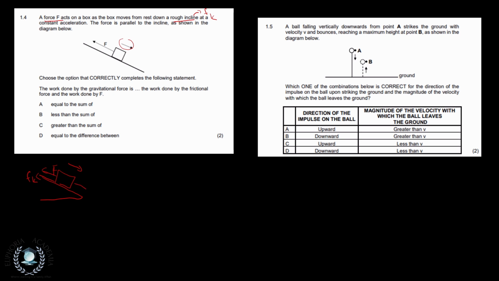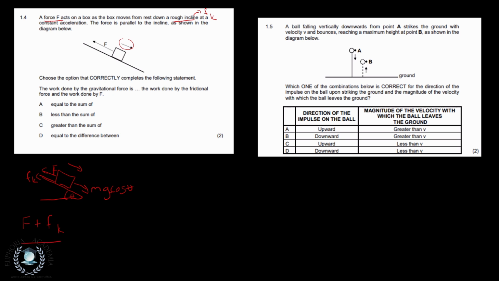In this case, the force that is propelling this down is our force of gravity. It'll probably just be mg cos whatever this angle theta is. And we'll have a combination of our force F and our frictional force.